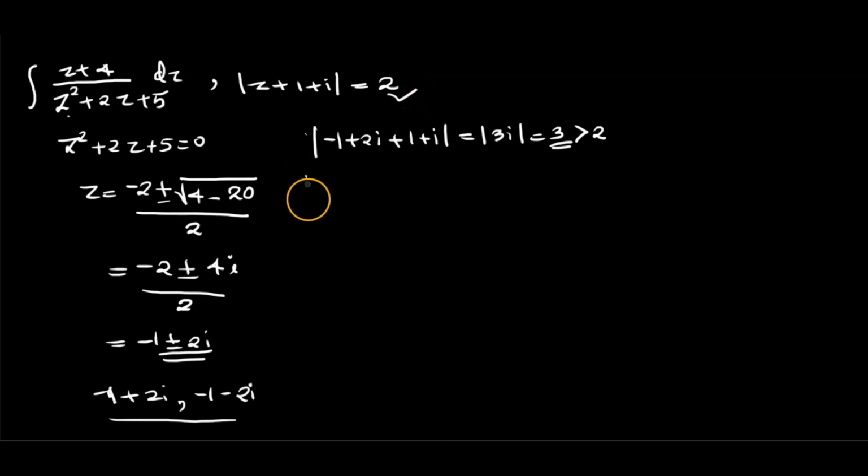Next consider minus 1 minus 2i plus 1 plus I. Minus 1 plus 1 cancel, minus 2i plus I is minus I. The modulus of minus 1 is 1 and the modulus of I is also 1, so this is less than 2.